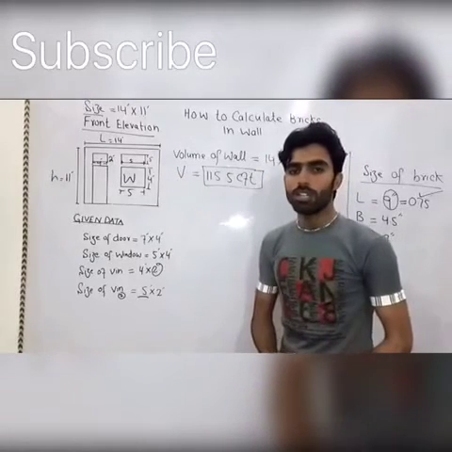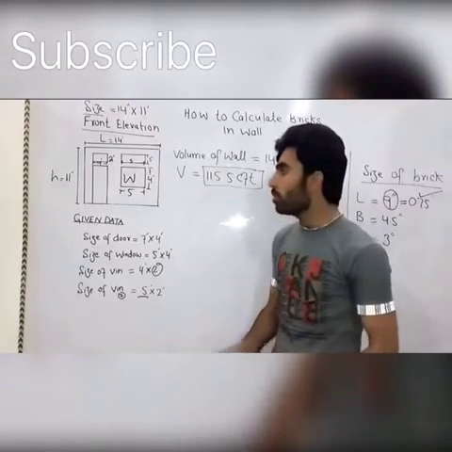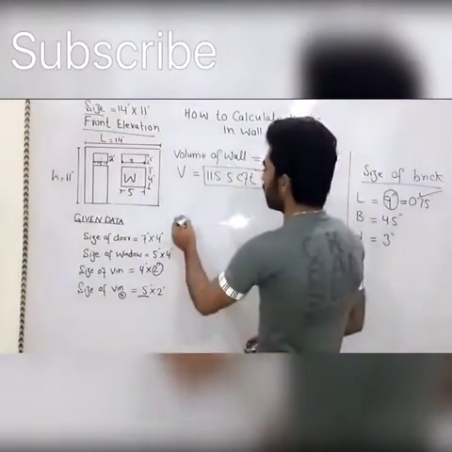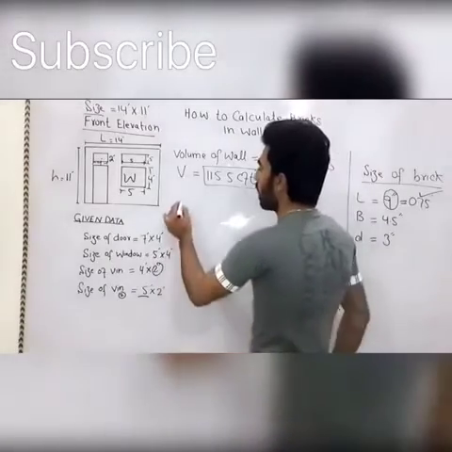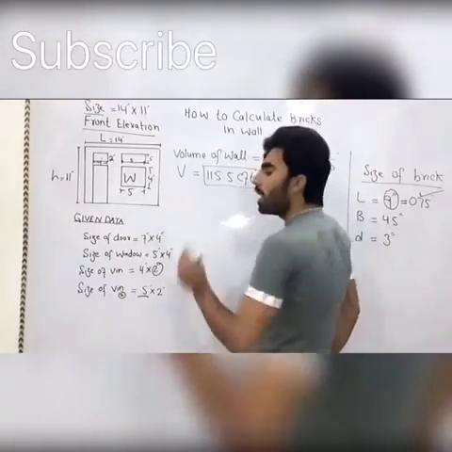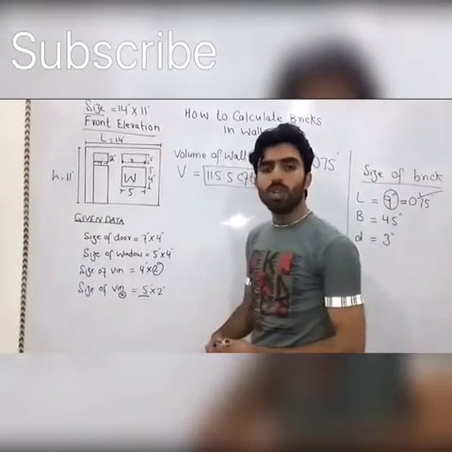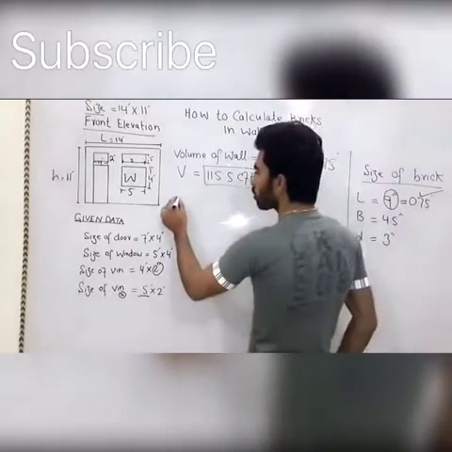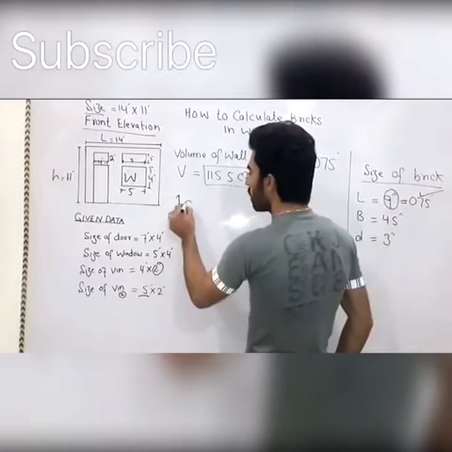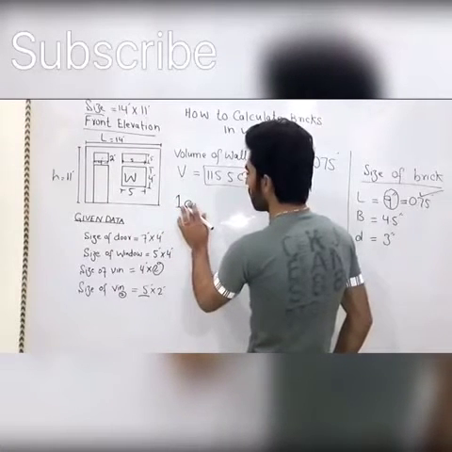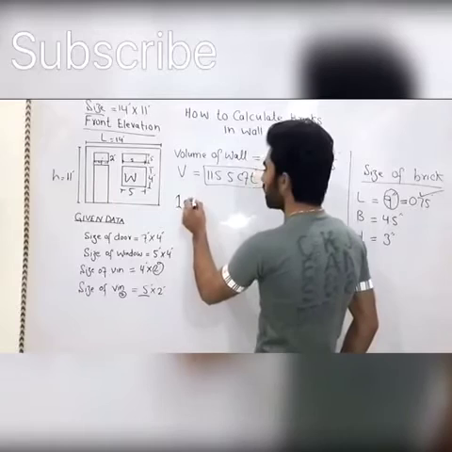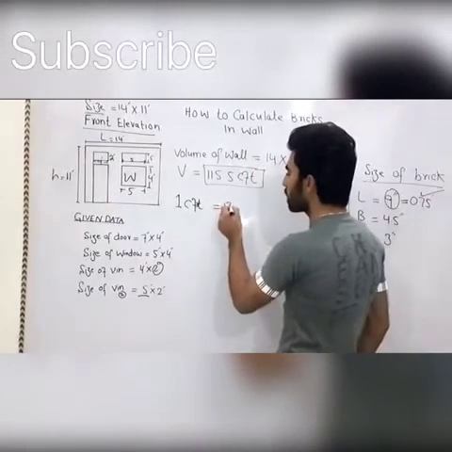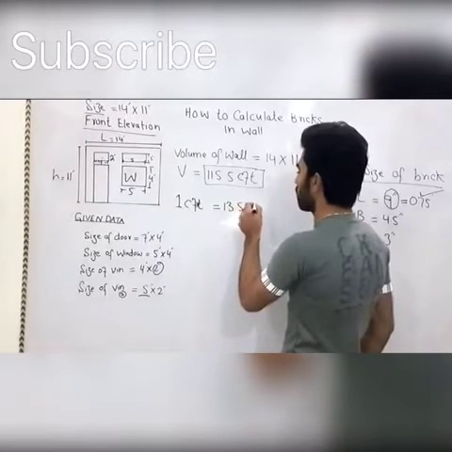Now I need the quantity of bricks. How many bricks are required in this section? In 1 cubic feet, CFT, we use 13.5 numbers of bricks.